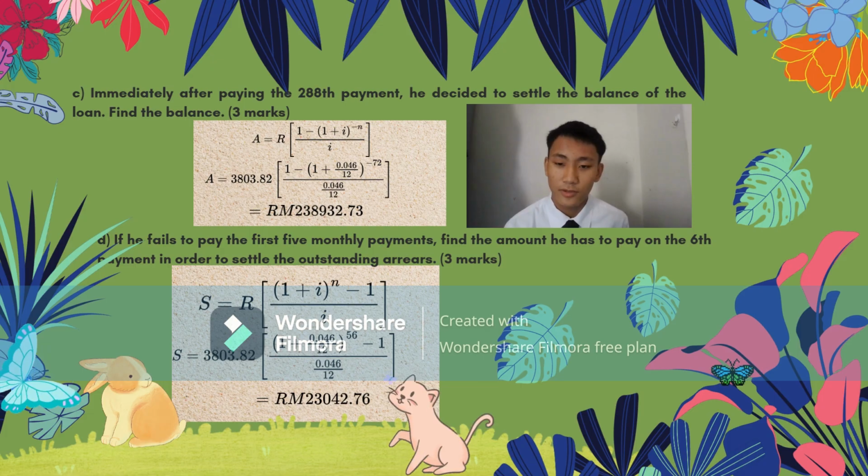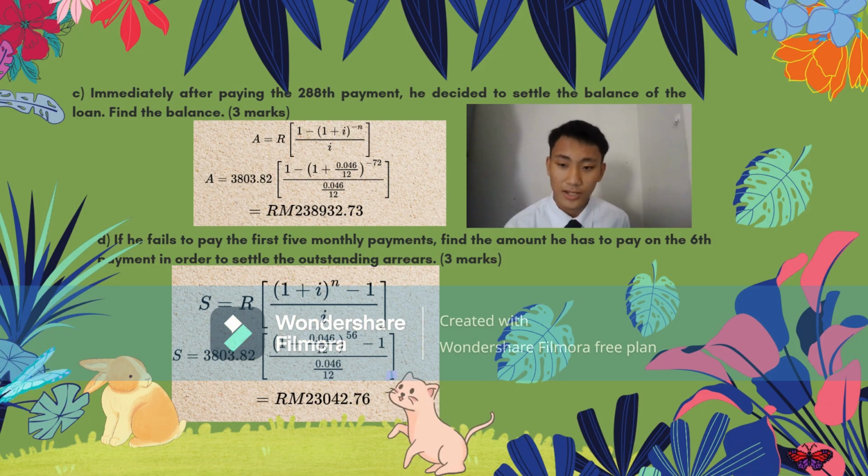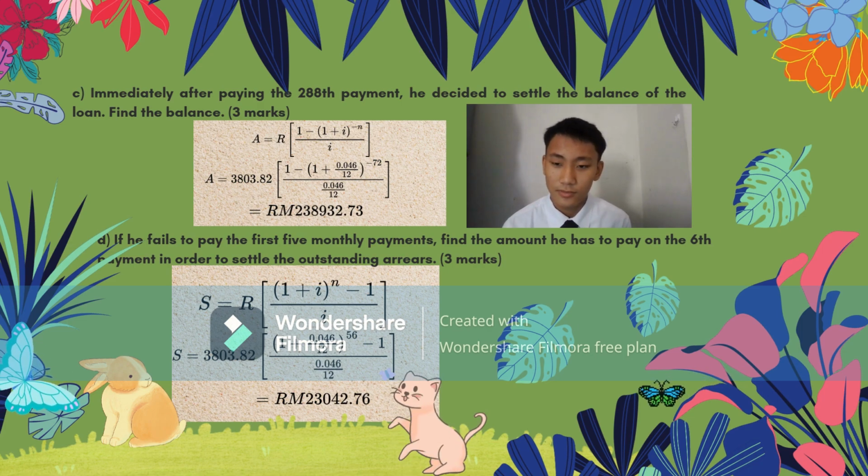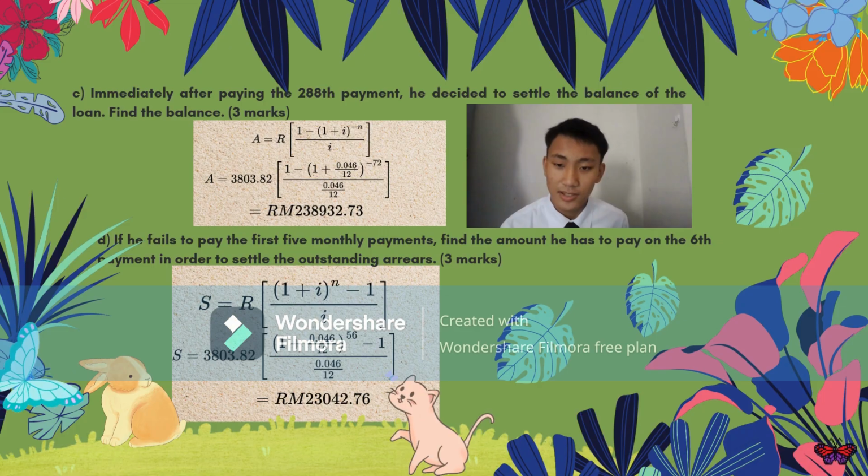We will put that in the formula, which is A equal to 3,803.82[1 minus (1 + 0.046/12)^-72] divided by 0.046/12, which gives us RM 238,932.73, which is the balance that needs to be paid.